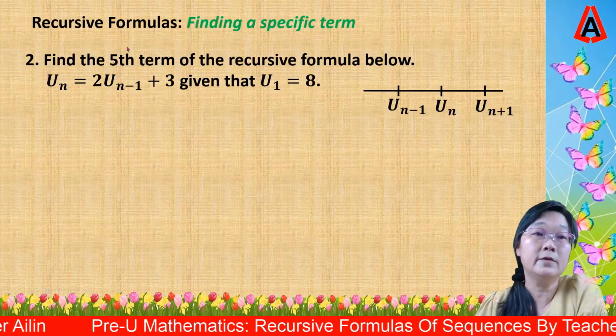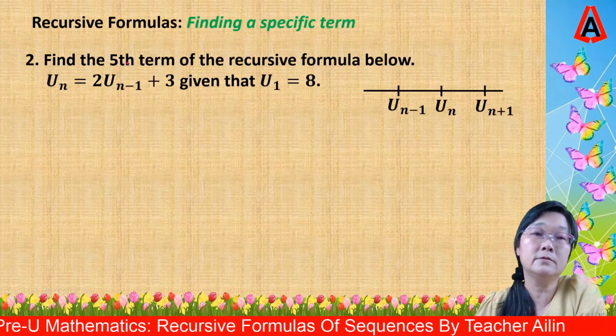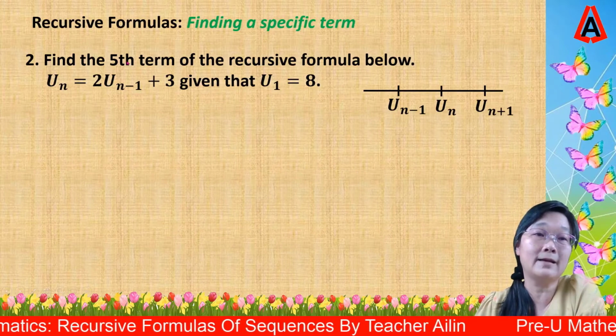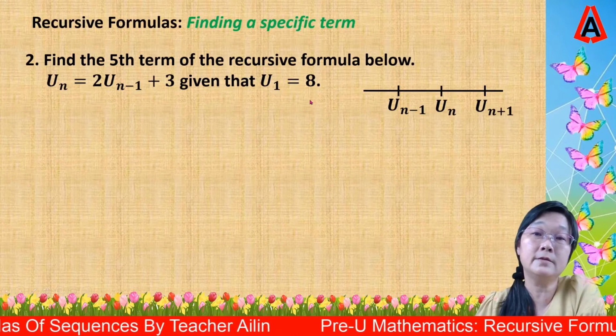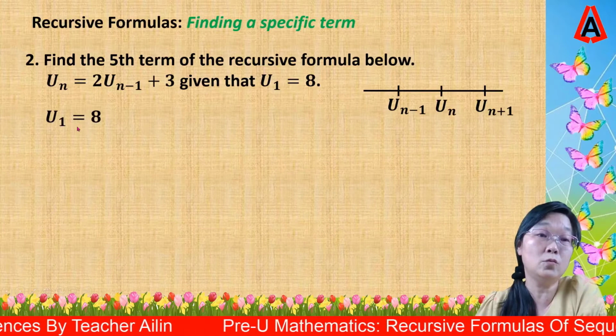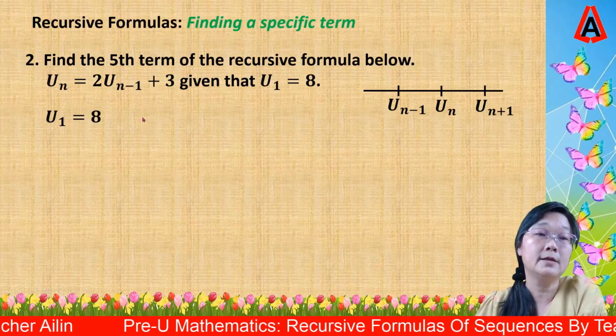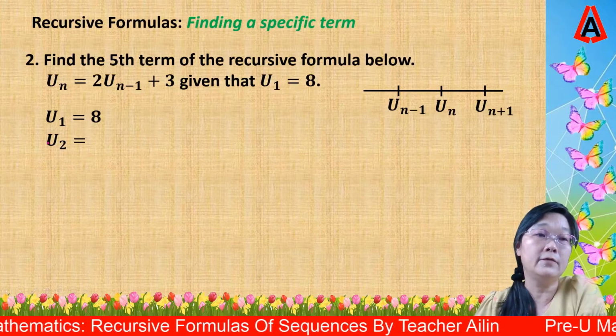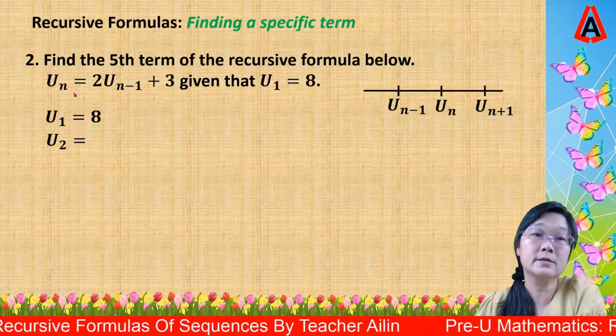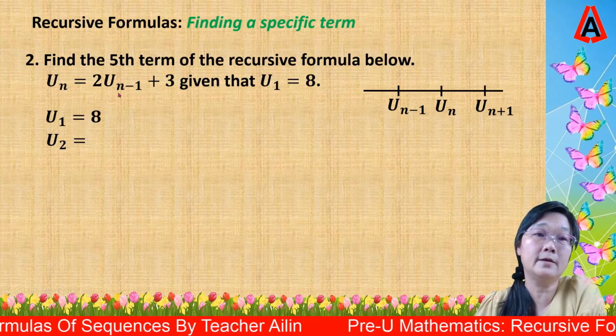So if you want to find the fifth term, you are not able to find it directly, but you must start from the first term given, that is u1 is equal to 8, followed by u2. If you want to find u2, you must look at the recursive formula given.